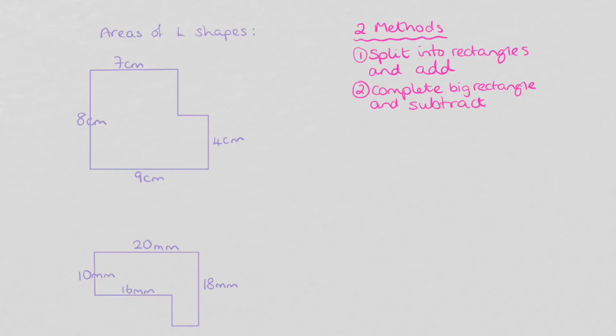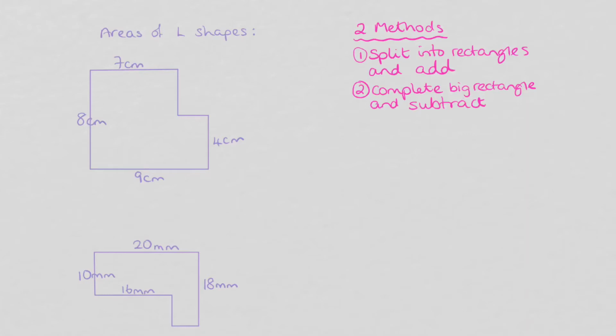Now the choice would be you either split it there and get the 2 rectangles here and here, or you split it there and get the 2 rectangles there and there. So that's one option. The other option, option 2 here, is to complete the big rectangle and subtract.